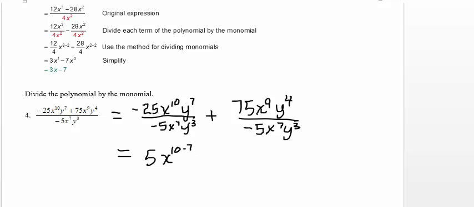Y to the 7th divided by y cubed is y to the 7 minus 3. 75 divided by negative 5 is negative 15. X to the 9th divided by x to the 7th is x to the 9 minus 7. Y to the 4th divided by y cubed is y to the 4 minus 3.